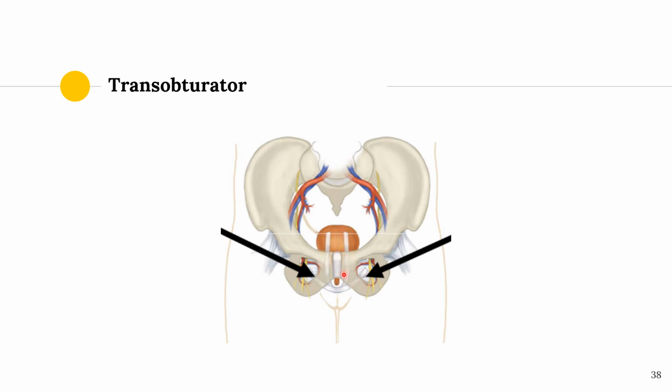This is to distinguish how the retropubic tape appears at the end, and this is the transobturator tape. If we can understand the relationship between the pathway of the tape and the structures around it, I believe we should be able to perform the procedure safely.